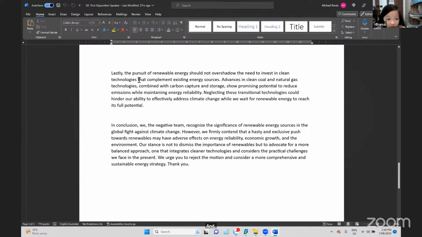Lastly, the pursuit of renewable energy should not overshadow the need to invest in clean technologies that complement existing energy sources. Advances in clean coal and natural gas technologies combined with carbon capture and storage show promising potential to reduce emissions while maintaining energy reliability.